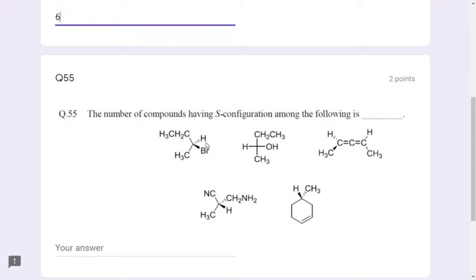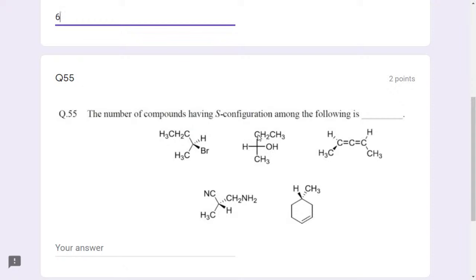In this case also hydrogen is down, right, friends? So give the numbering. This is 1 and 2, 3. S configuration. Here hydrogen is on the left side, so you have to bring this hydrogen towards down. Let us write 1, 2, 3.